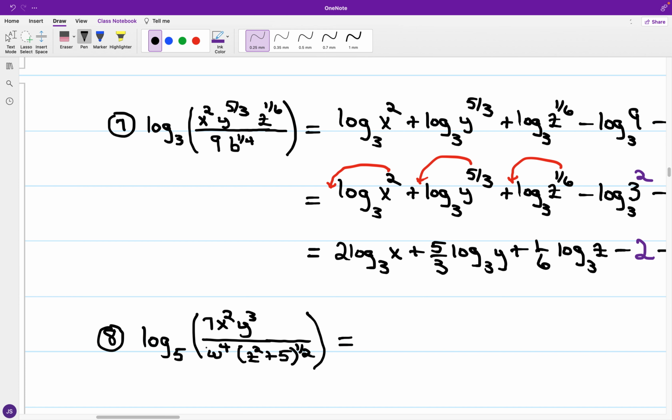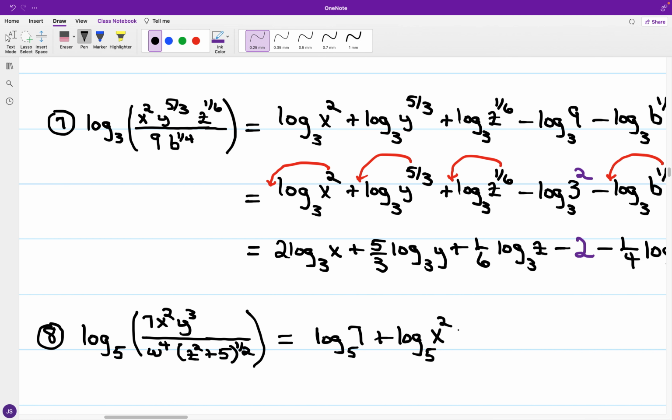First of all, I had the base 5 logarithm of 7. And we have plus the base 5 logarithm of x squared. And we have plus the base 5 logarithm of y cubed.